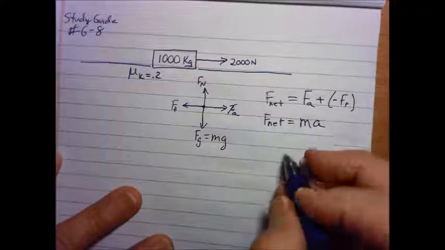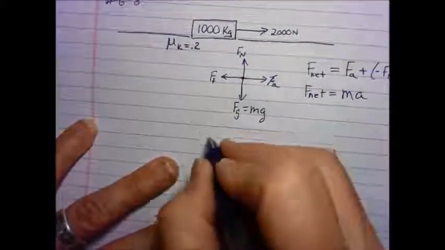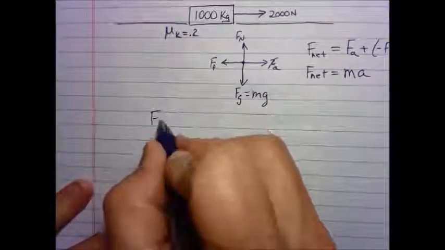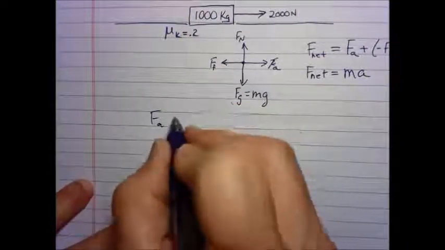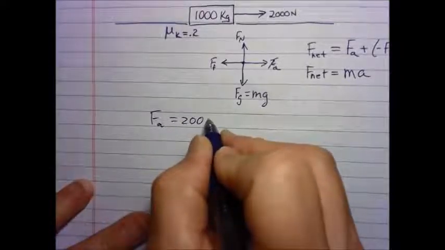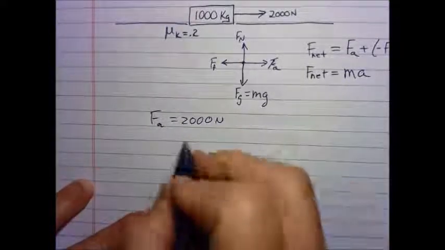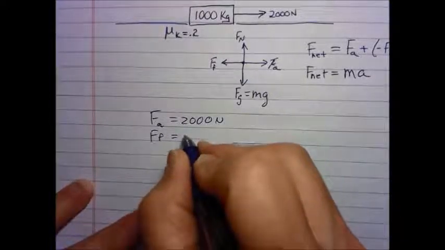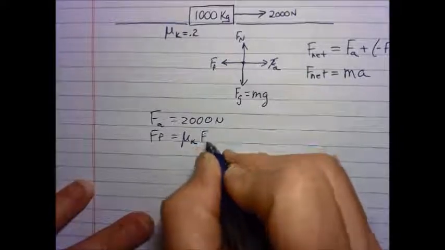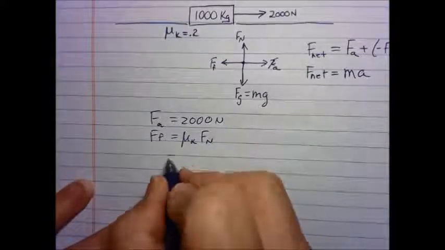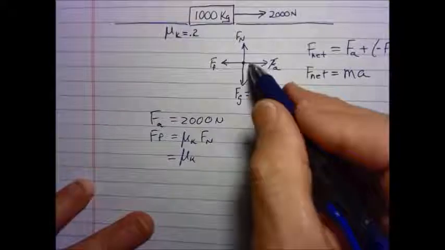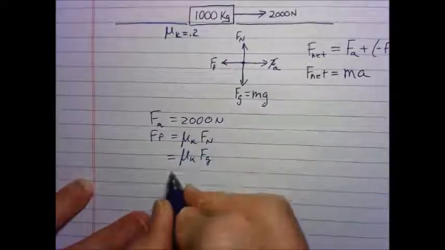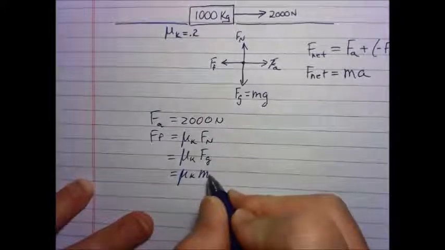We know that the force applied is equal to 2,000 newtons, and for the friction force, we're going to have to use our friction equation, which is equal to the coefficient of friction times the normal force. Well, the normal force has got to be the same as the force of gravity, and that means it's also going to be mg.